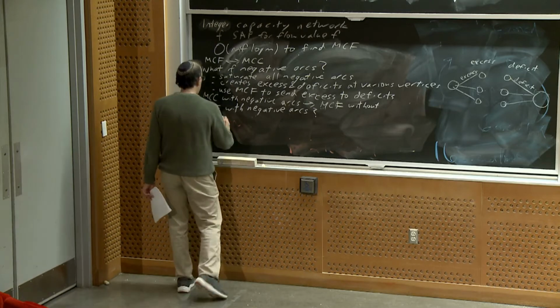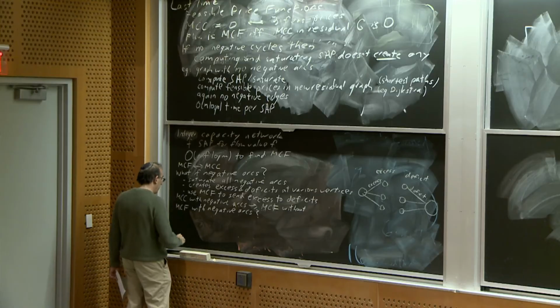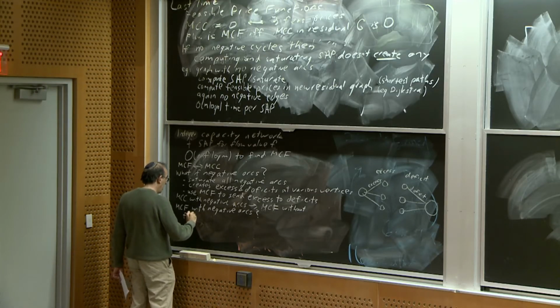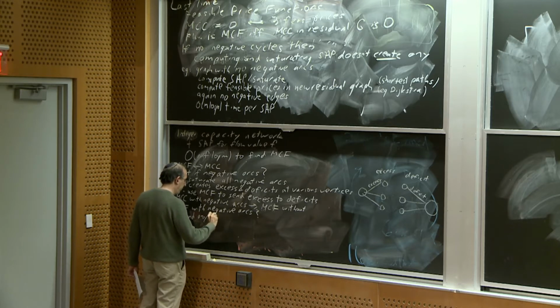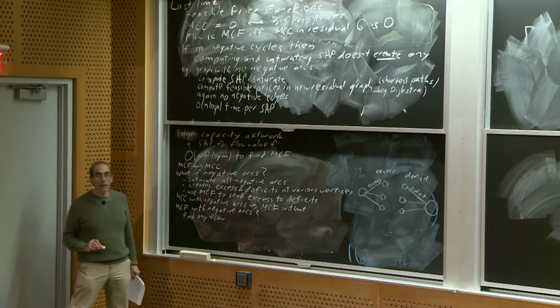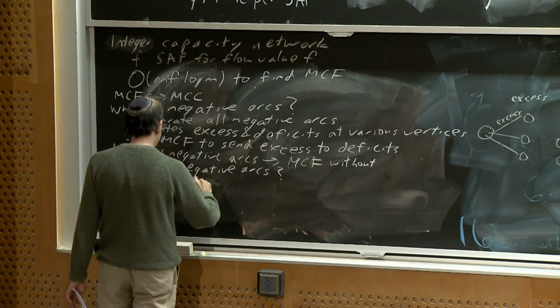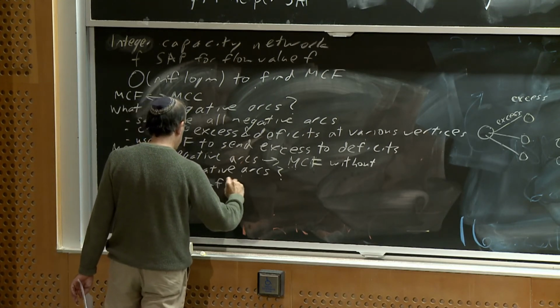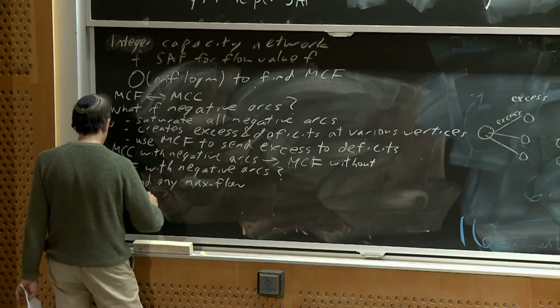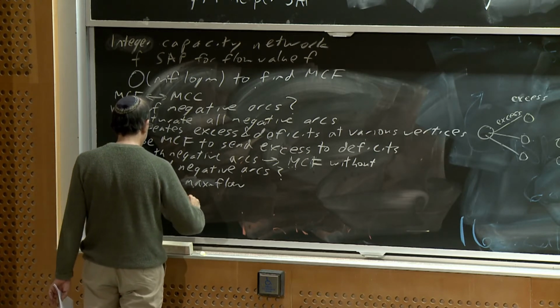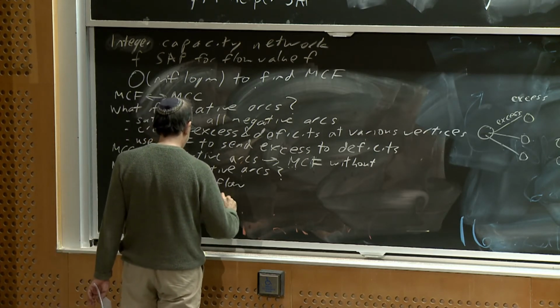Right. So what we showed on Monday is that you can find any max flow, just ignoring the costs, and then you can find a min-cost circulation in the residual graph.